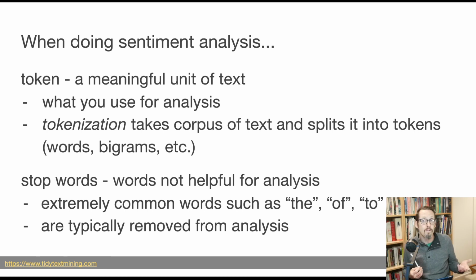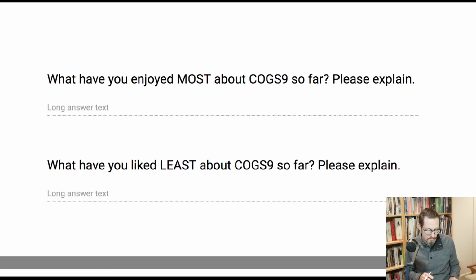We also have things called stop words. Stop words are not helpful. Nobody cares about "the," "of," and "to," so we generally throw them out. That's what a stop word is: something we stop using and throw out.